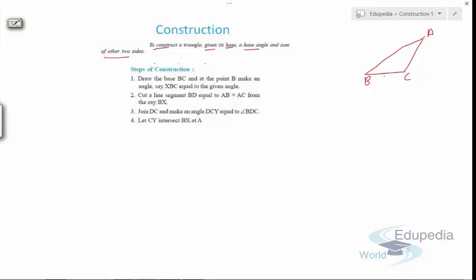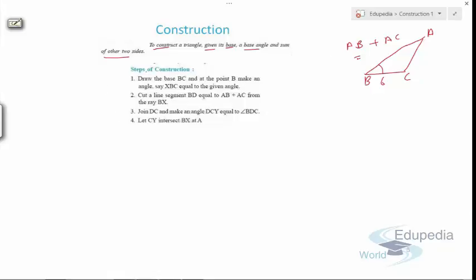Let's say BC is given, it's anything you can take, let's say 6 centimeter, and then its base angle is given. So let's say this angle is given, right? Now it's also given the sum of the other two sides. So let's say AB plus AC is given. Let's see how we can construct a triangle if these conditions are given. Then we'll follow how we can justify that the construction we have done is correct, right?